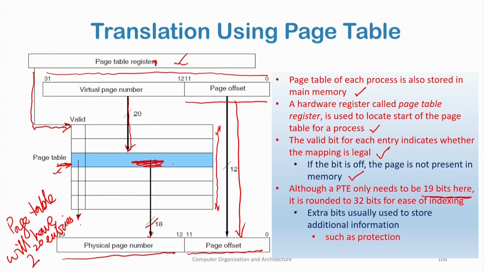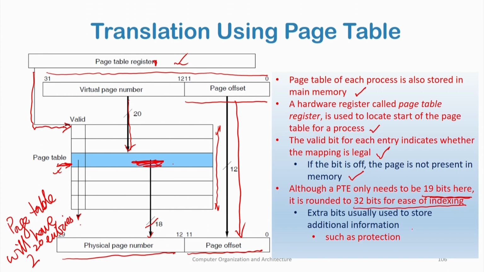However, I typically round it to 32 bits, the next power of 2, for ease of indexing, because I work with bits, I can break addresses and do many things. Although I waste a certain number of bits in my page table entries, I still round it up to 32 bits.